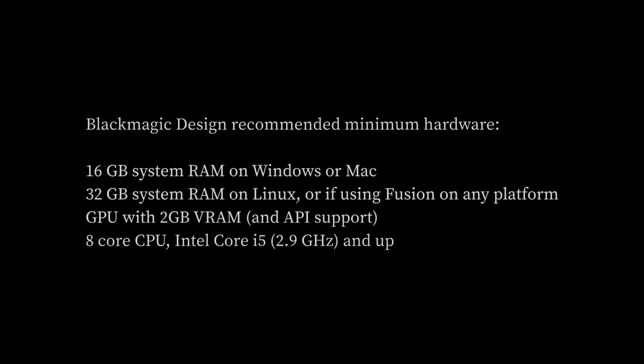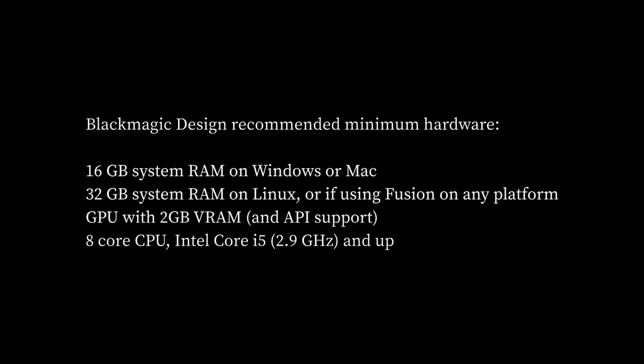But first, a word about hardware. Just to be clear, Blackmagic declares the minimum recommended hardware to be as follows. 16 gigabytes of system RAM if you're working on Windows or a Mac, and 32 if you're on a Linux system. And if you're using Fusion, 32 gig is the bare minimum on any platform.